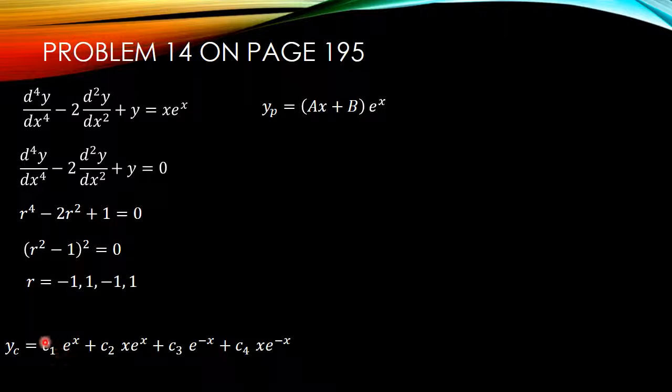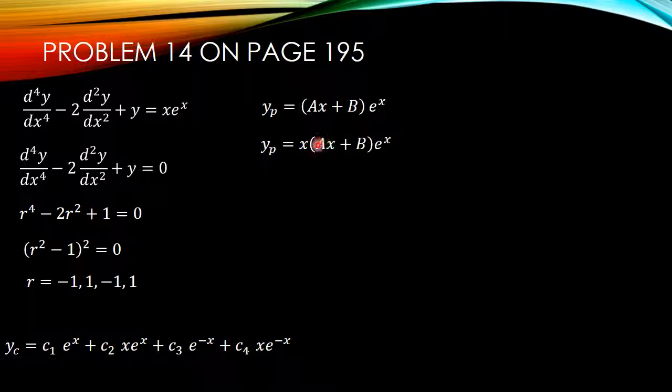I got a constant times e to the x, I got a constant here times e to the x, I've got a constant here times x e to the x, I got a constant here times x times e to the x. This is a duplication, so our solutions still have to be linearly independent. So what I'm going to do is multiply by a factor of my independent variable.